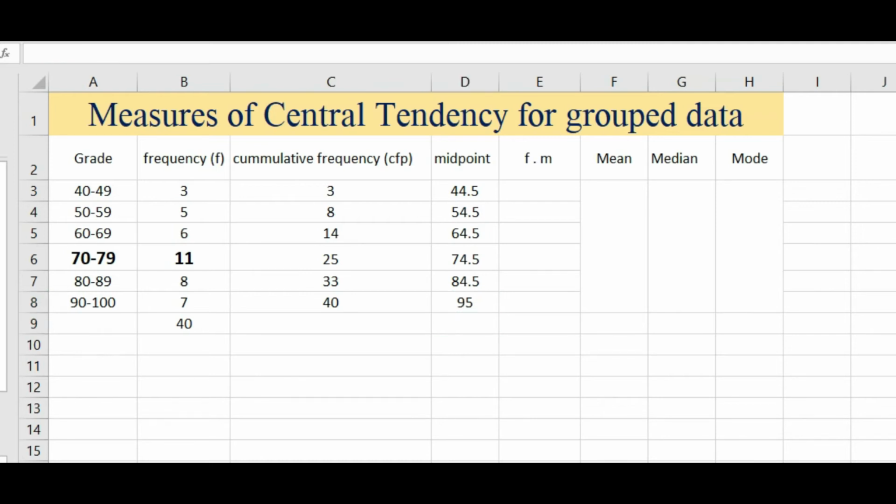For the next step, you will multiply the frequency and the midpoint. So let's solve this. For the first frequency, 3, multiply it to the midpoint. So we have 133.5.